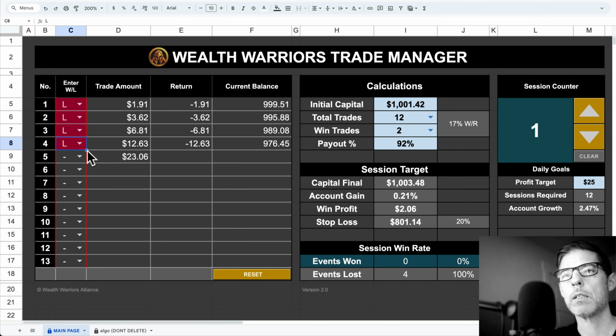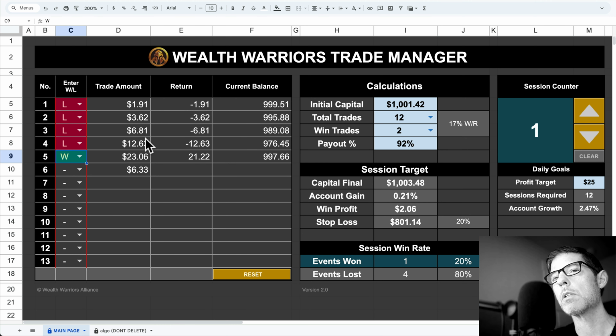So we've got 4 losses. Now we're not done with this session. We still need to win one more trade to complete this session. Even if your strategy only wins like 20%, I only need a 17% win rate to come out of the session in profit.